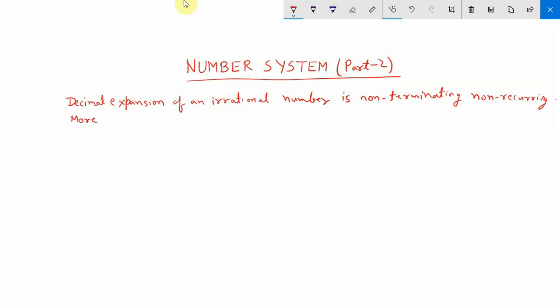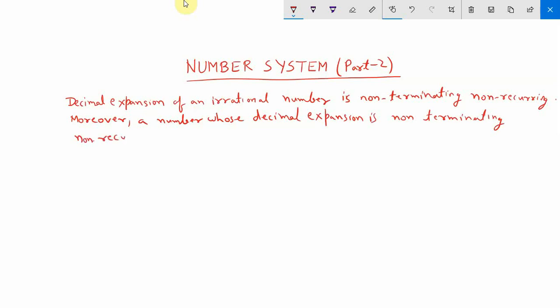Moreover, a number whose decimal expansion is non-terminating, non-recurring is irrational. Okay, so decimal expansion will be non-terminating and non-recurring.